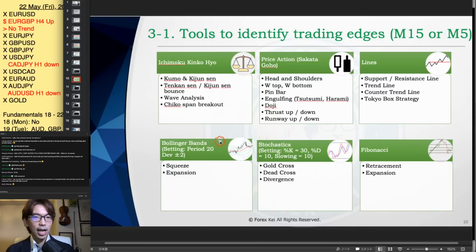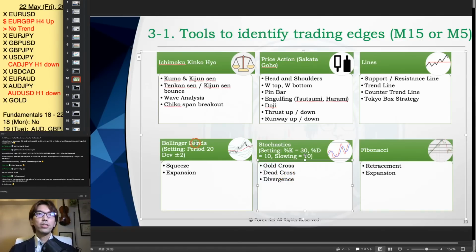Whenever I take trades, I will pick up any of these indicators or lines or tools, and I will let you know exactly which one I took to buy or sell at that time. So sometimes I take wave analysis and Chikou span breakout, and sometimes I see a thrust up and trend line, support line moving up, and then a gold crossover happening on the stochastics and take a buy.